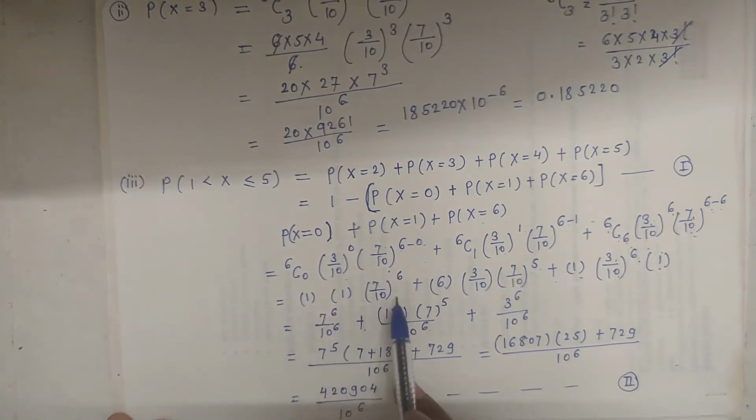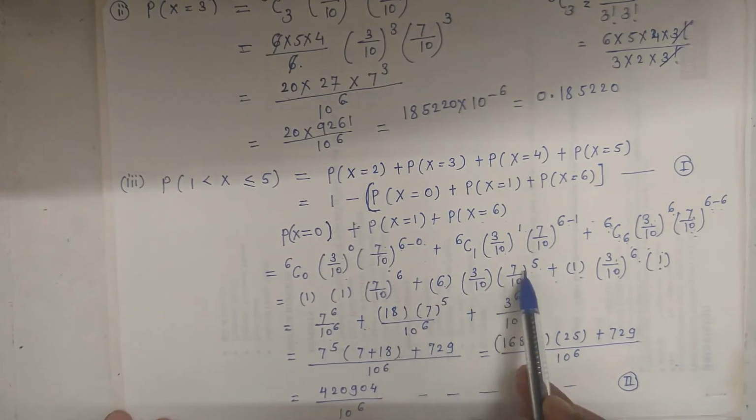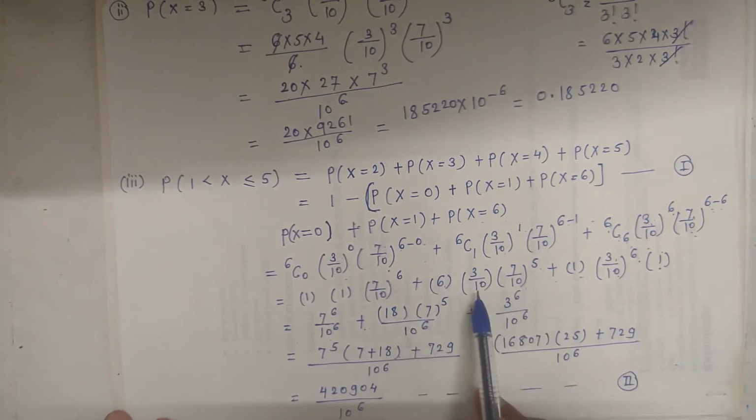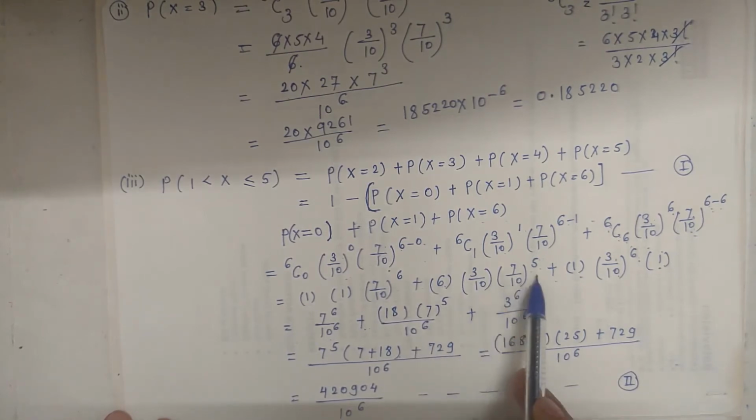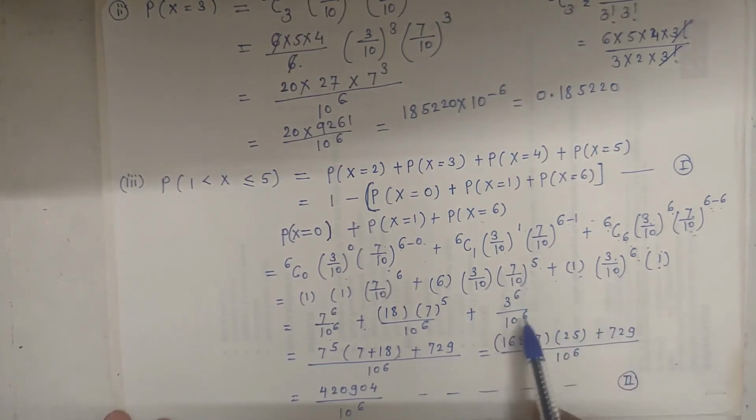Now the next step, separating the indices, we can write 7 raised to 6 upon 10 raised to 6, plus 6 into 3, 18, into 7 raised to 5, and adding the indices of the 10s, 1 plus 5, 10 raised to 6, plus, separating the indices in the third term, 3 raised to 6 upon 10 raised to 6.